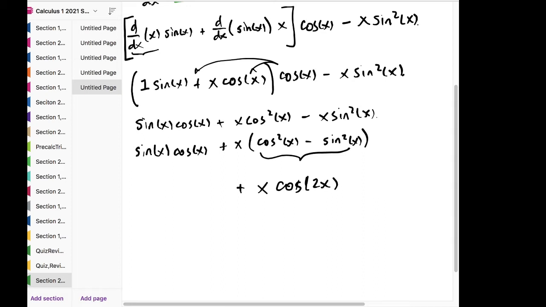Another thing we could do, may not be necessary, but if we multiply this by 2 over 2, what is 2 sine cosine? Yes, this is the double angle formula for sine.